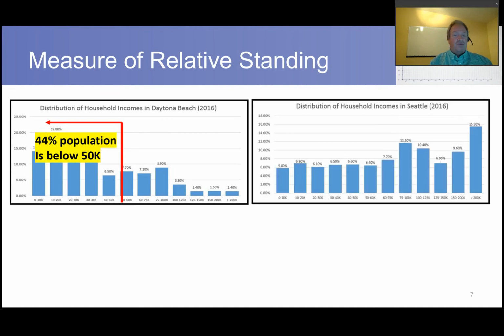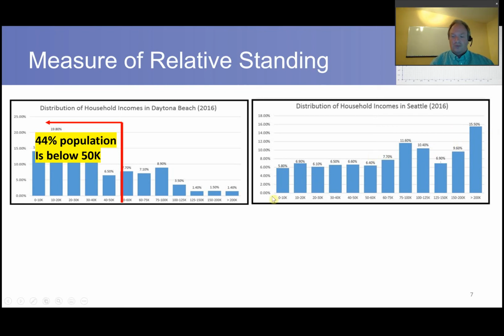Now, if we look at the income distribution in Seattle, we see something very interesting. Seattle does not have a right skewed distribution, and that's because there are a lot of very wealthy people, the Bill Gates and everything, living in that area. So we see just the opposite. It's almost left skewed.